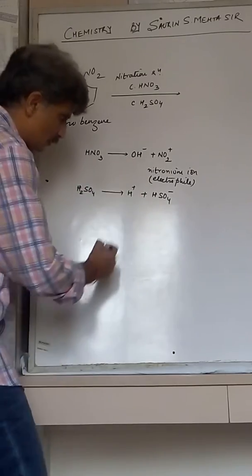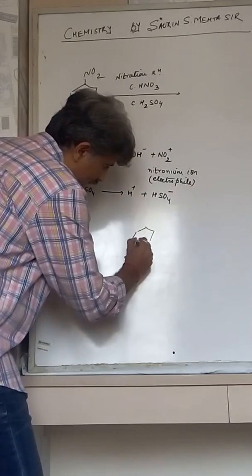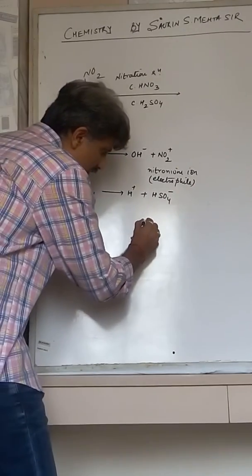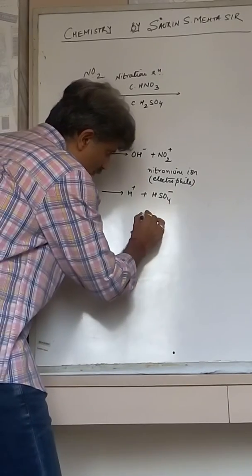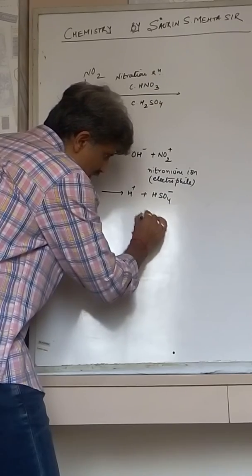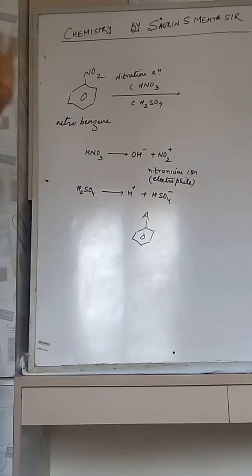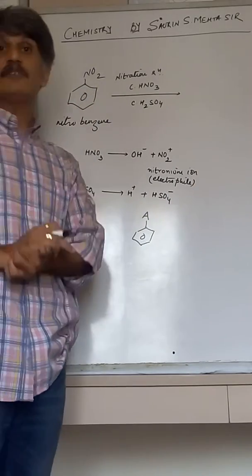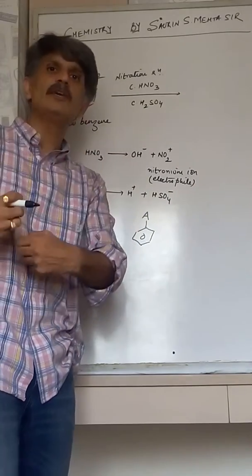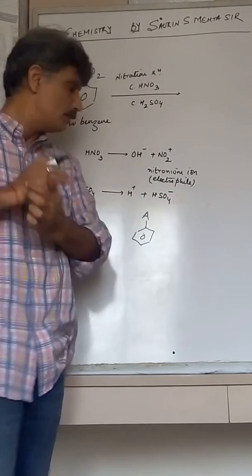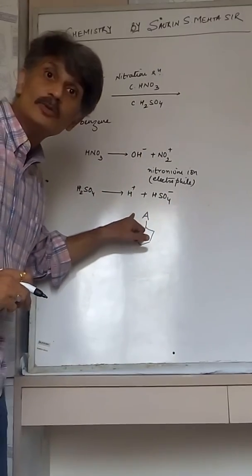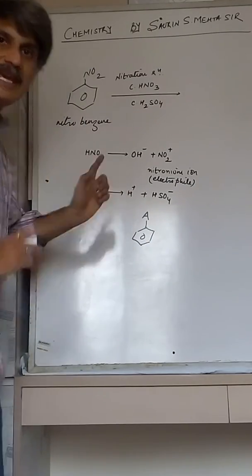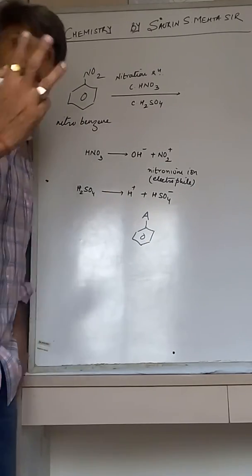I'll explain to you. Suppose this is a benzene ring. When a group, let us just simply write a normal group, not an actual group, but it's a supposition. Suppose A group is present on benzene. Then this A group has got the directive effect. It will direct the incoming group. Whatever the group is, incoming group will be directed according to the present group A. The existing group A will direct the incoming group on three possibilities.